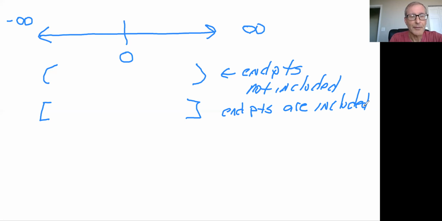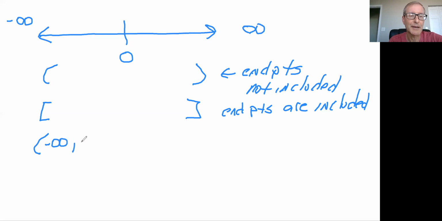So the first thing is that the whole number line would be all real numbers. So it'd be from minus infinity all the way to positive infinity. One thing in the math world that we have to keep in mind is infinities are not numbers.